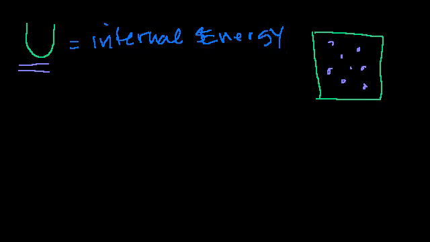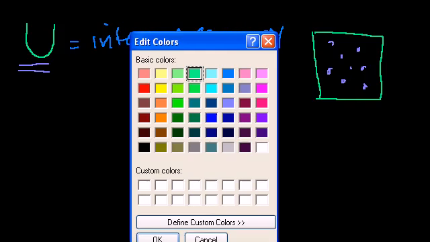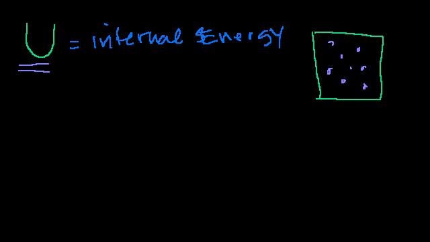Now, we also said in the last video that because internal energy is all the energy of the system, it can't be randomly created or destroyed. It can just be transformed from one form to another. So if I have a change in internal energy, it can be due to more than what I'm describing.